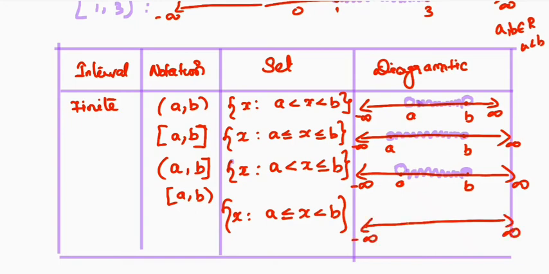So you have to mark A and B because A is less than B. So A should be to the left of B, and here A is included. So above A you have to mark the filled circle. Above B point has to be removed. So unfilled circle has to be used. In between all the real numbers will be included. Okay, so this is for the finite interval.